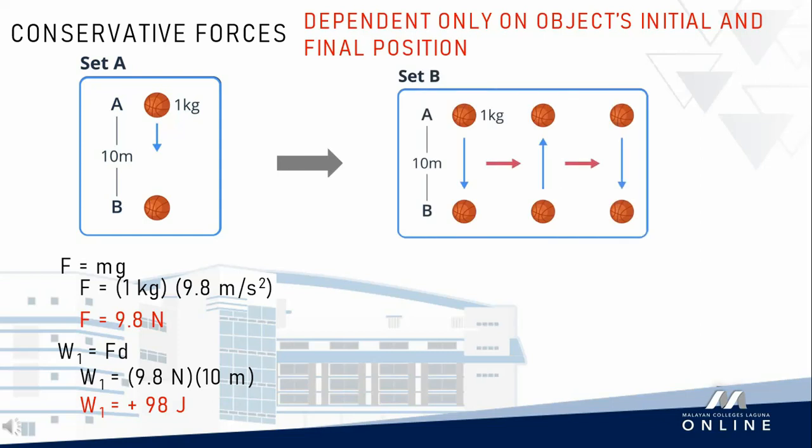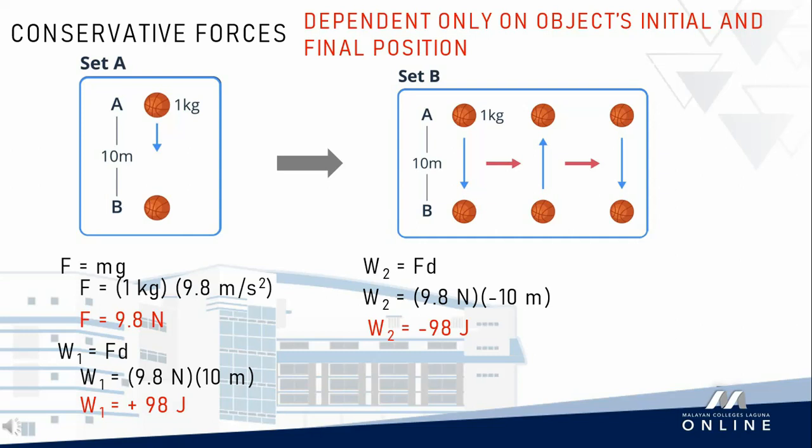In our previous example, the 1 kilogram ball moves 10 meters downward, which gives us 98 joules. Say that we move the ball 10 meters upwards between exactly the same points A and B, we will get negative 98 joules, right? You will notice that the displacement here is negative, even if the arrow is pointing upward, since we are talking about a system with gravity, which is naturally in the downward direction.